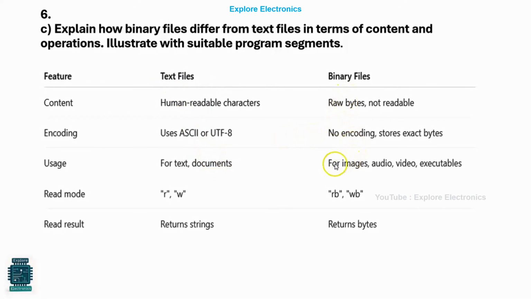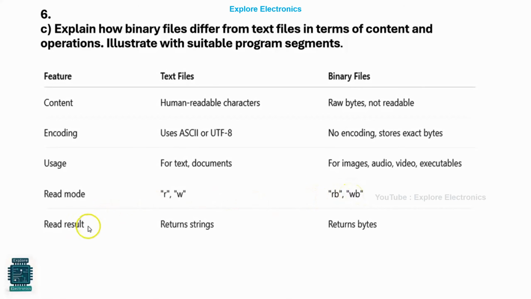For binary files it is images, audios, videos and executables. In text files we use the reading modes r and w. In text file we use r to read, w to write. In binary files we use rb to read binary, wb to write binary.